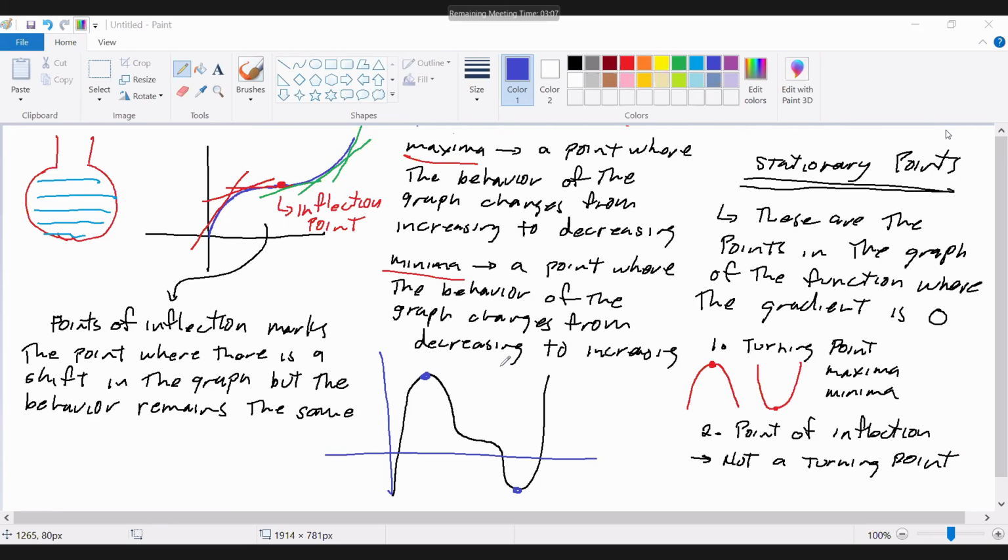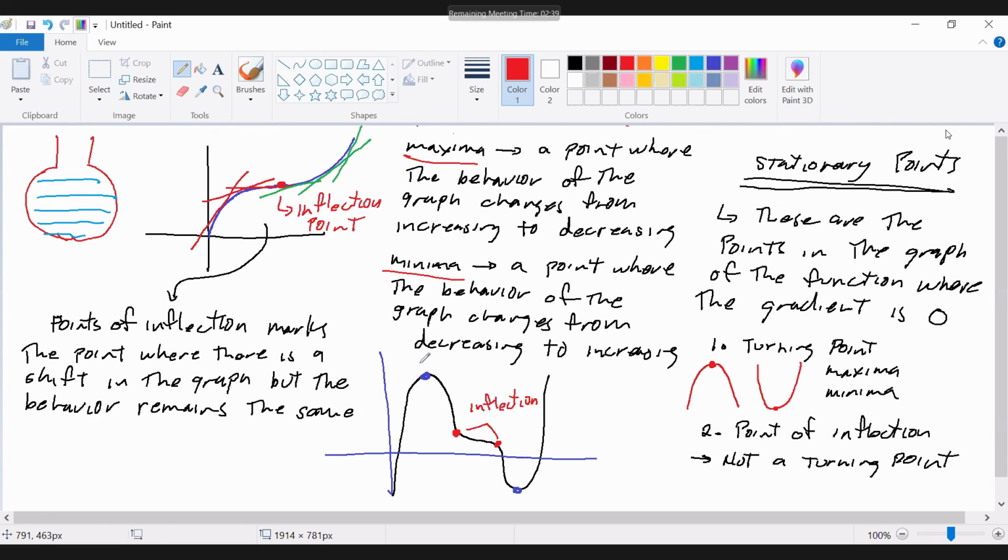So I'm going to mark this one as one inflection. It's decreasing very, very fast, and then suddenly decreasing very, very slow. And then from that slow movement, it suddenly becomes fast again. Okay, so these two are now your inflection.